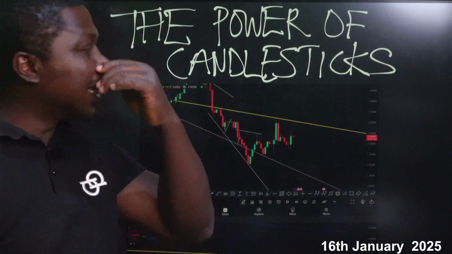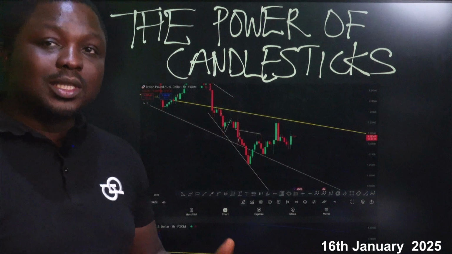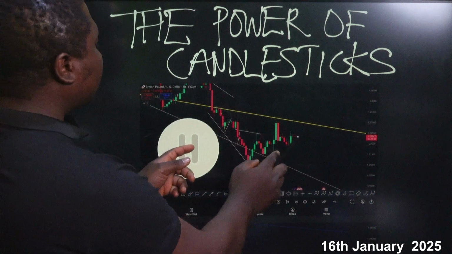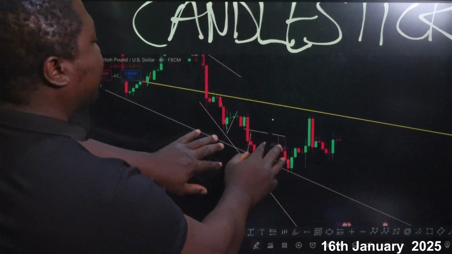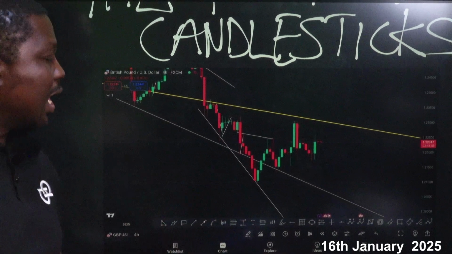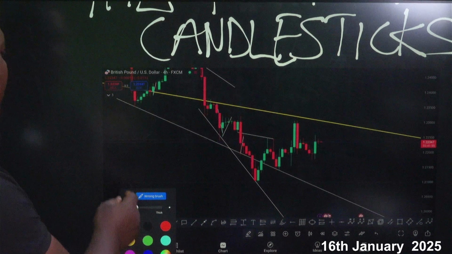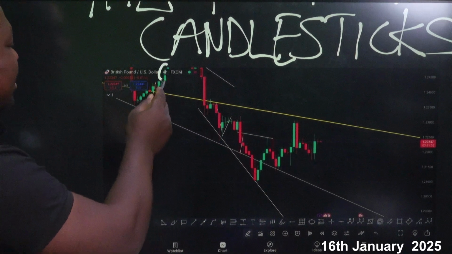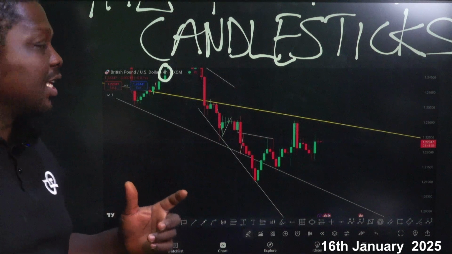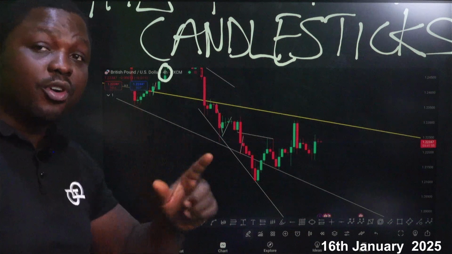Now, all these things are happening in different time frames. What do we mean by time frames? Let me make the chart bigger so that you can see clearly. The time frame here is 4H. 4H means that each of these candlesticks is 4 hours.